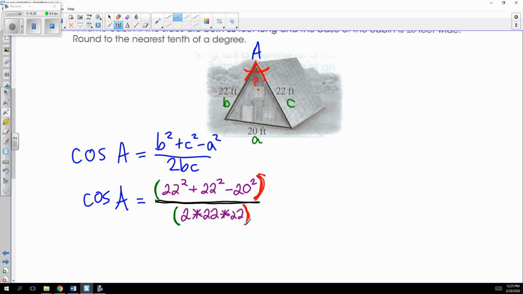When I type all of that in, I get cosine A is approximately 0.5867, yada, yada, yada.